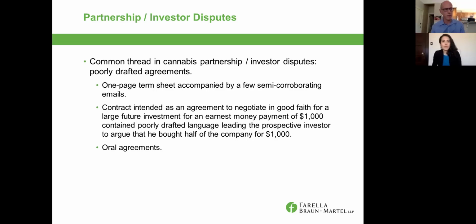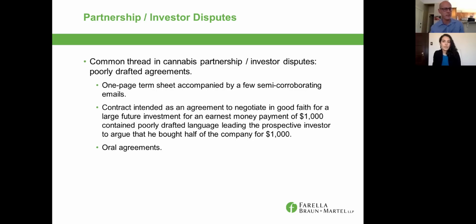And my client had drafted on his own, he was not a lawyer, a contract that was supposed to be simply for an earnest money payment of $1,000 by this prospective investor that basically would give this prospective investor the right to make a future investment in the business that was going to be subject to subsequent agreements and a subsequent closing. Now, ultimately, their relationship fell apart, and this prospective investor then relied on this poorly drafted language to argue that he had actually bought half of this company for $1,000, and he filed a demand for arbitration, making that argument.